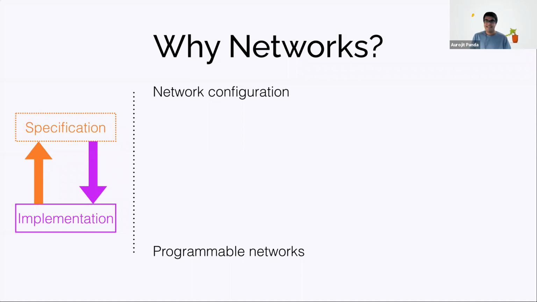The other thing that has really pushed a lot of this forward is that networks have become more programmable. They are more flexible, and we're seeing people write more programs for them. So that's made it more important to have these sorts of verification and synthesis tools. It's led to more interest in this. So that's why we're applying this to networks.